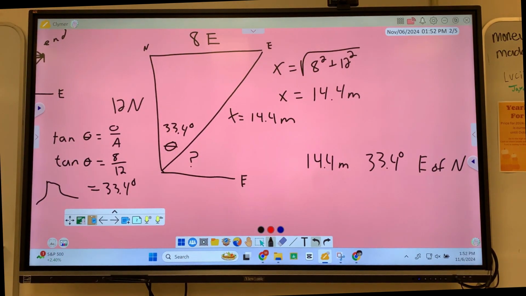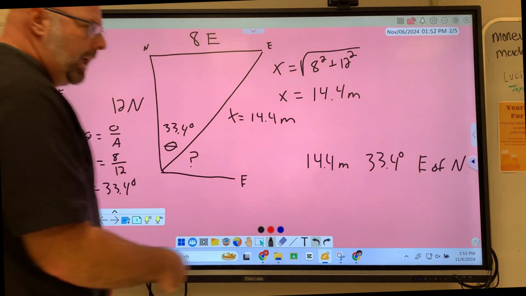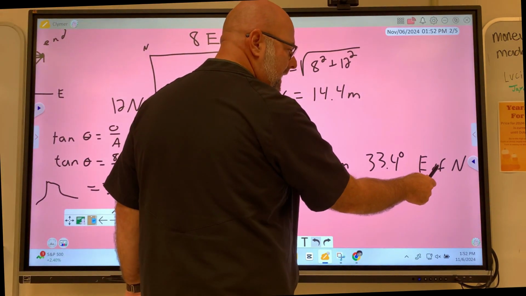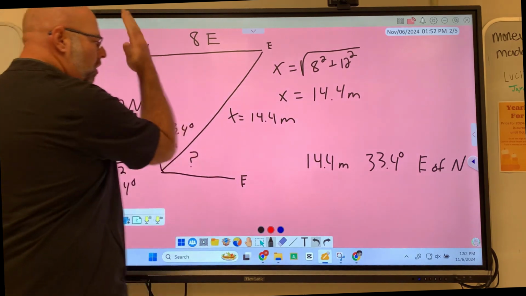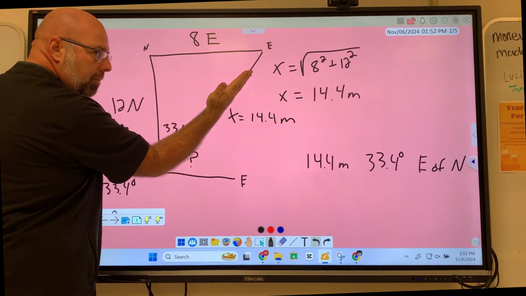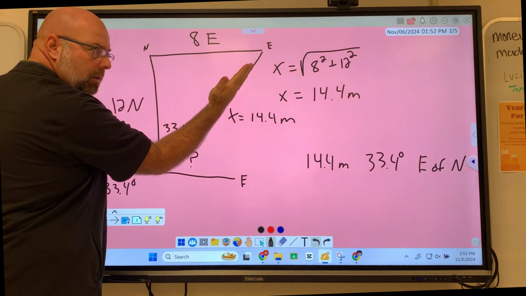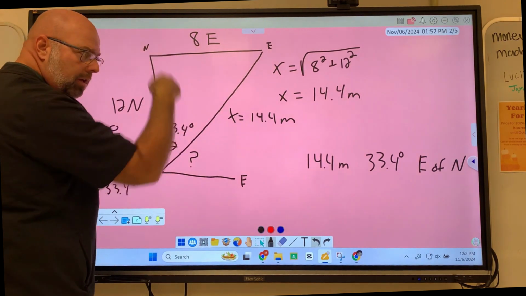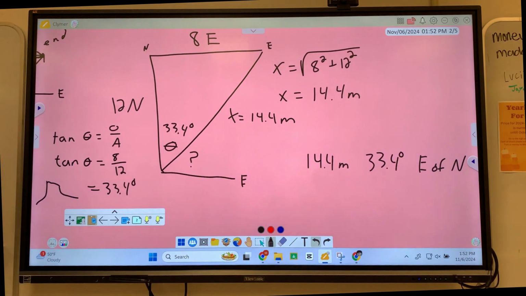The way to do that is to say this angle is 33.4 degrees east of north. If north is here, we pulled off of this angle 33.4 degrees, so we're east of the north line, east of north.